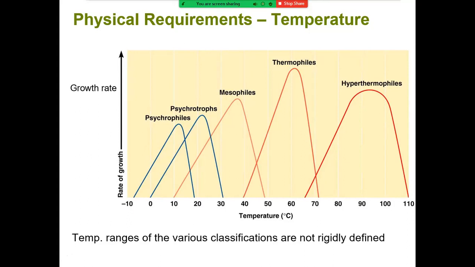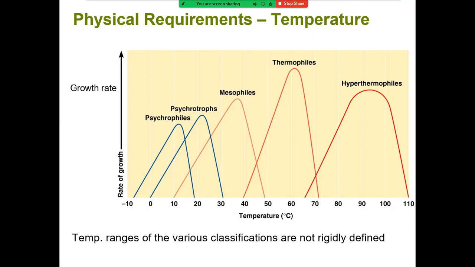The reason they don't grow below that is that they freeze, and cells can't grow when they're frozen. They can grow below 0 degrees because they create an antifreeze. But the antifreeze only works down to about minus 10 degrees Celsius.